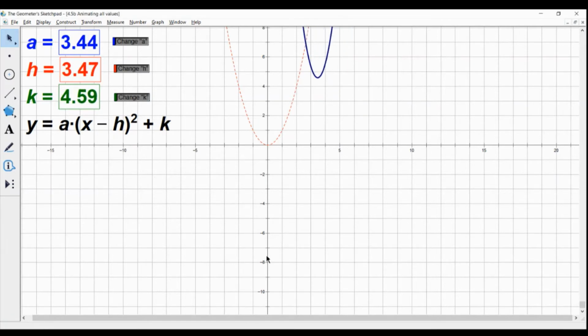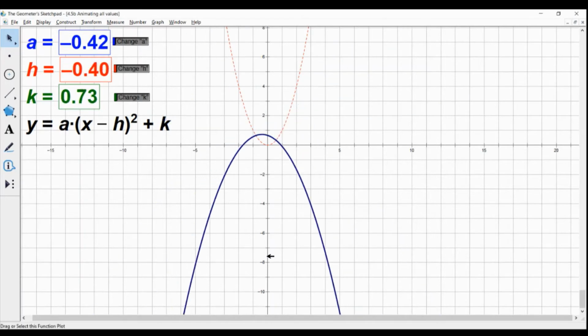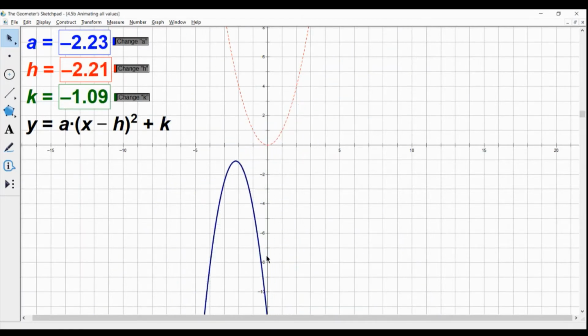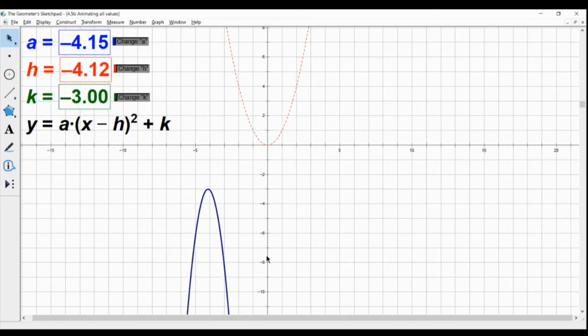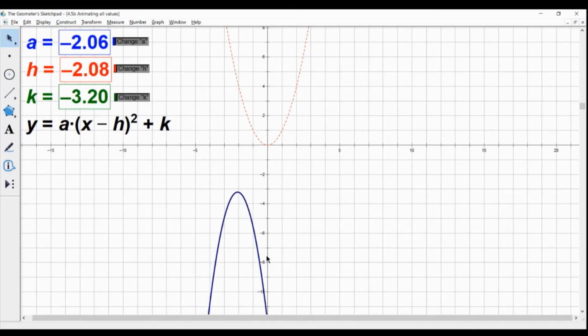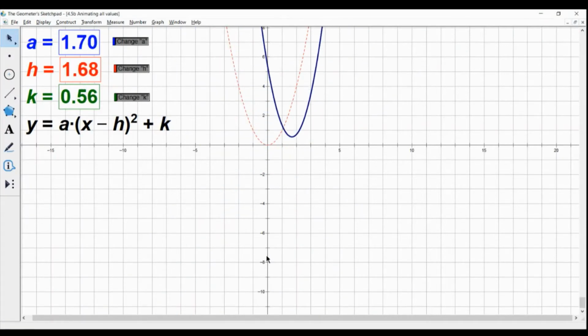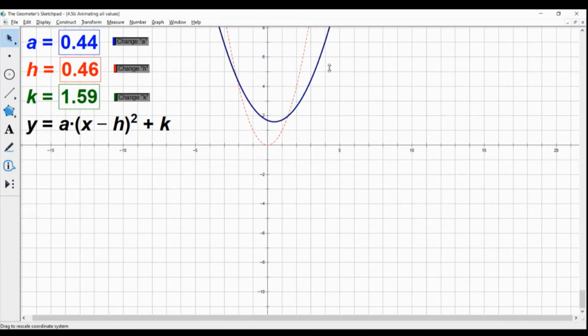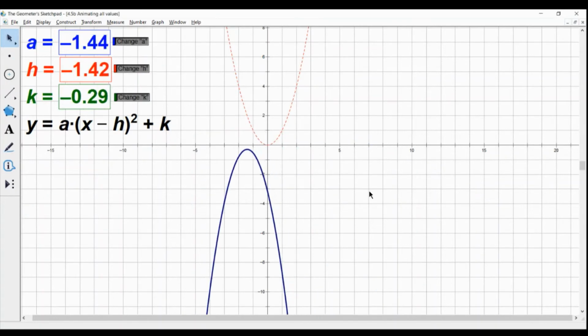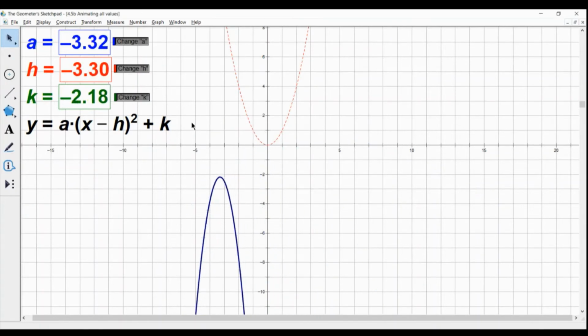So hopefully you can see that when we animate all of them together at the same time, you can really create any parabola you want by transforming the original y equals x squared parabola. Apply the correct vertical stretch or vertical compression, reflection, translation, and you will be able to get any parabola you want. Okay, so it's really helpful to think that every parabola is created by transforming the original parabola.